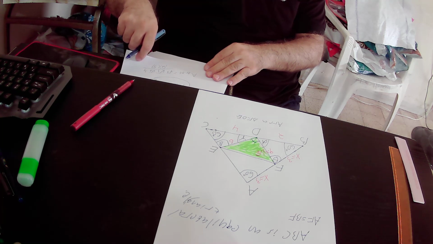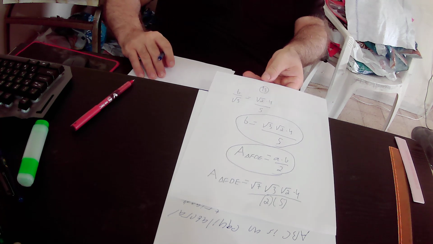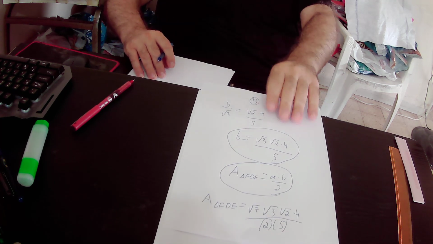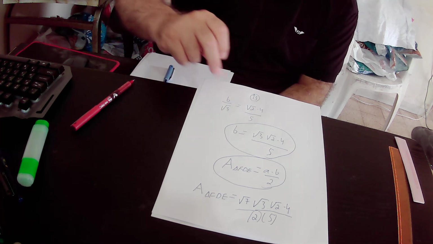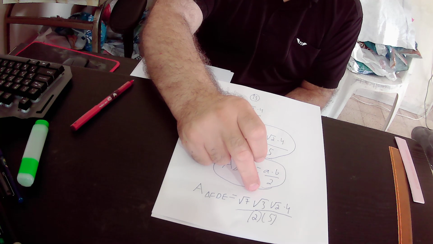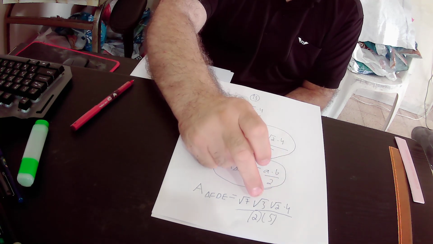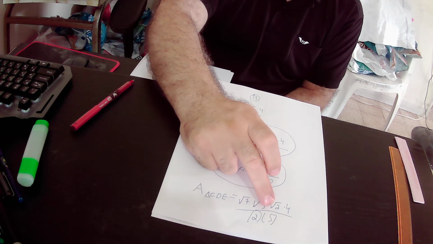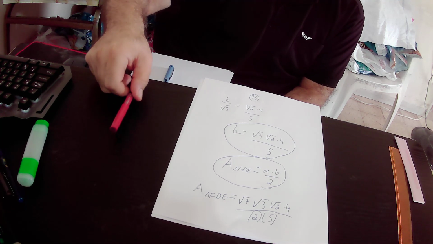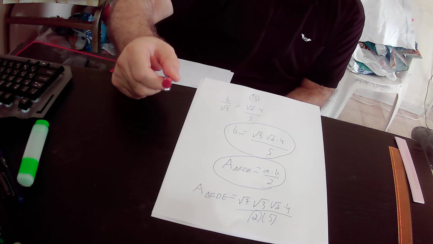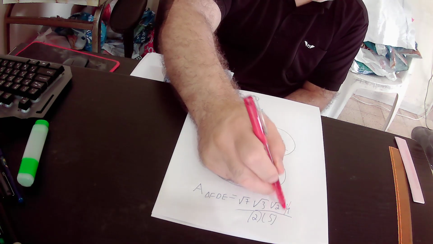So the area of the green triangle FDE equals the root of 7 times root of 3 times root of 2 times 4 over 2 times 5. So here 4 over 2 is 2.